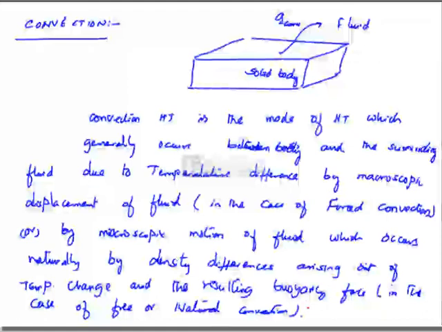But in the case of convection heat transfer, there is macroscopic displacement of the fluid, which may be provided externally by an agency like a fan or a blower or a pump in the case of water. And this macroscopic motion of the fluid might happen naturally due to density differences arising out of temperature changes, particularly in the case of natural convection or free convection heat transfer.